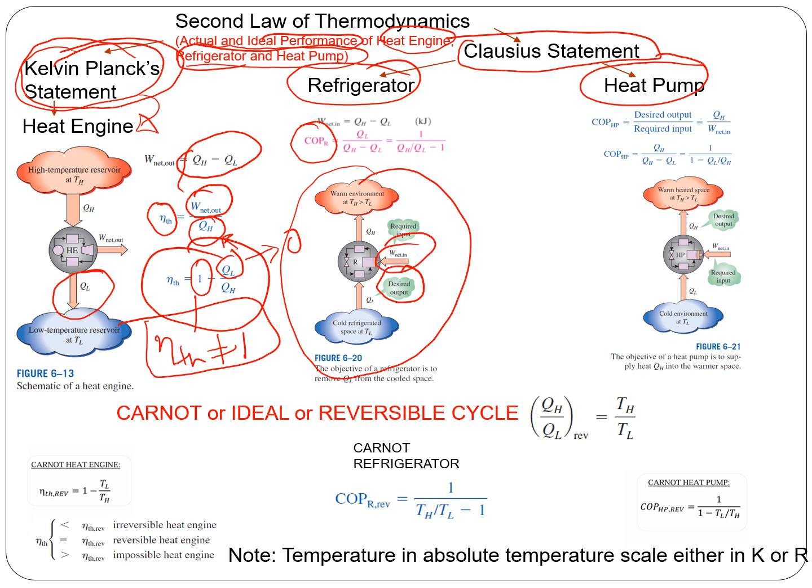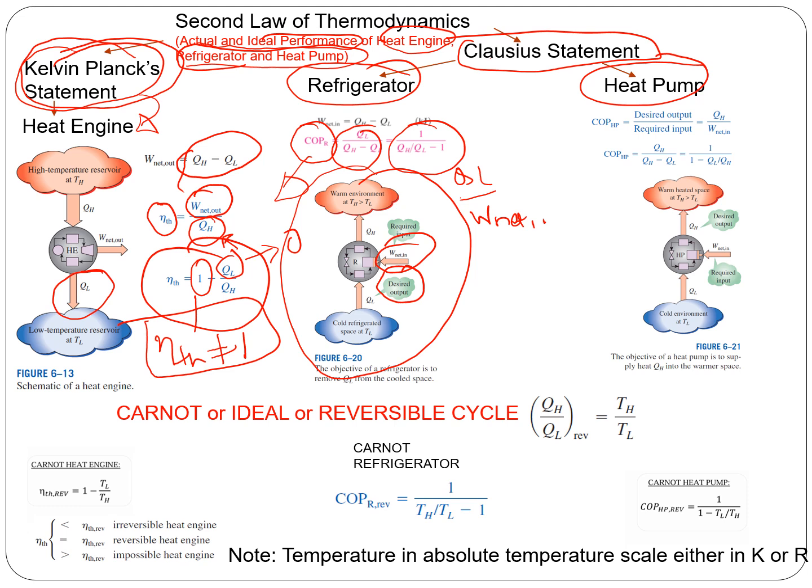So the desired effect is, if you think about food, the heat you take away from food, that is QL, and then W net in, right? So this is what it is, and if you simplify, this is what you get. The higher the value of COP, the better the performance of the refrigerator is.